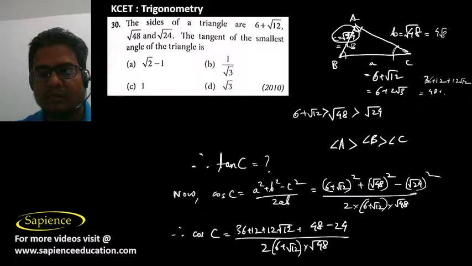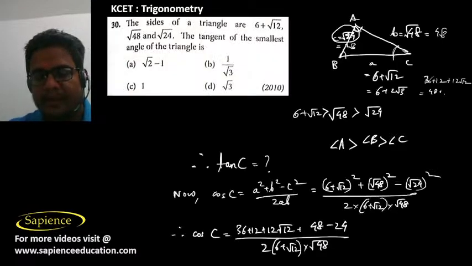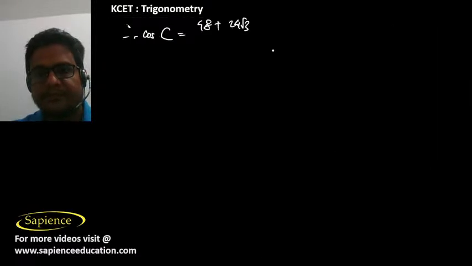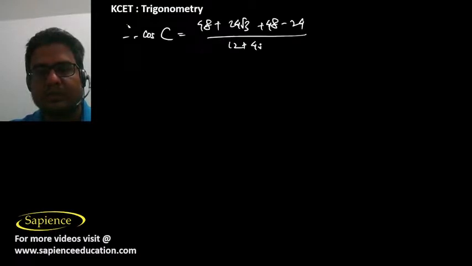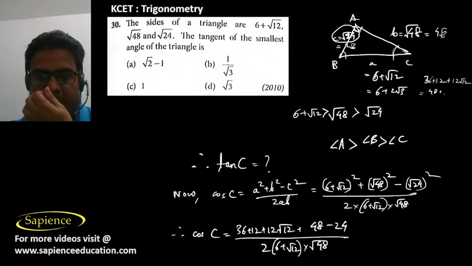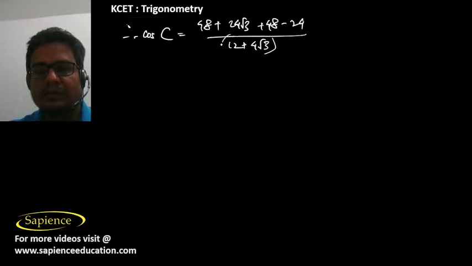Root 12 is 2 root 3, so 2 12s are 24, 24 root 3, plus 48 minus 24, divided by this: 2 6s are 12, 12 plus 2 2s are 4, 4 root 3, then into root 48, means 4 root 3 into 4 root 3.